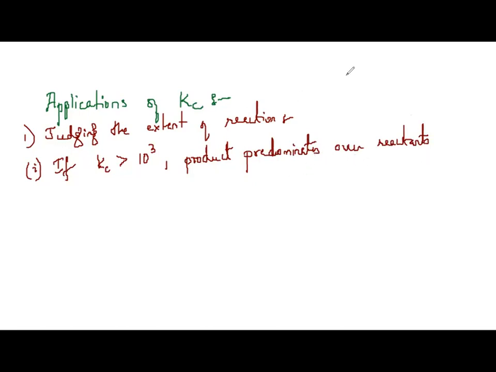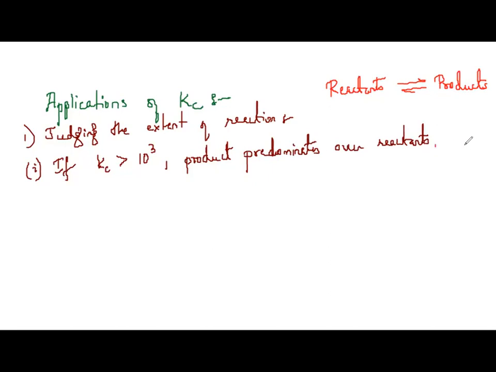Understanding? So if this is my reaction, this is reactant, reversible, and this is product. Product predominates over reactant means product is more, that means the reaction is proceeding in the forward direction.